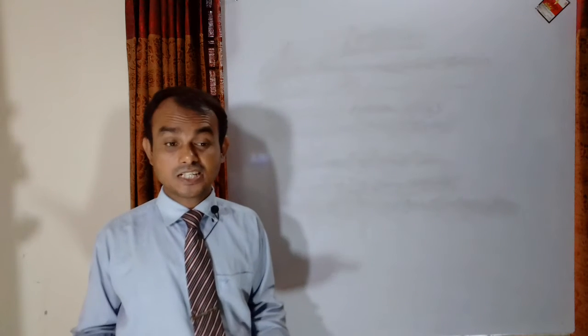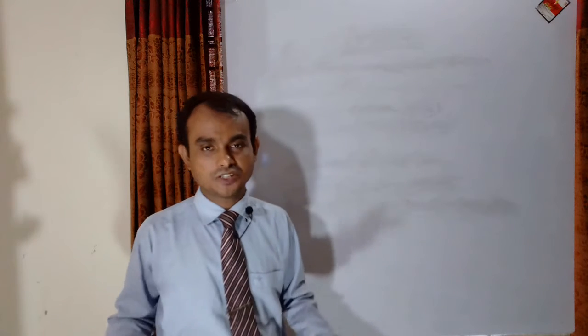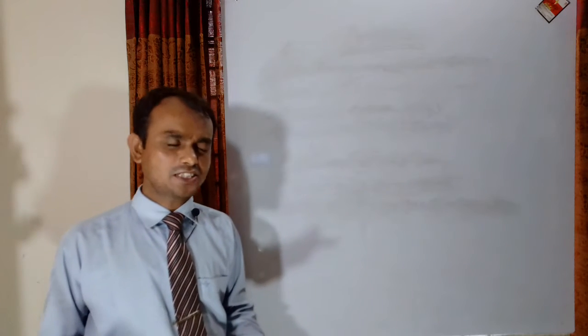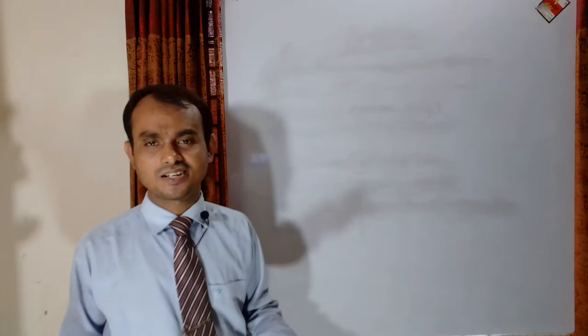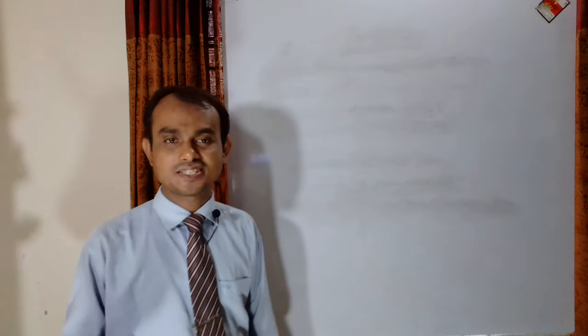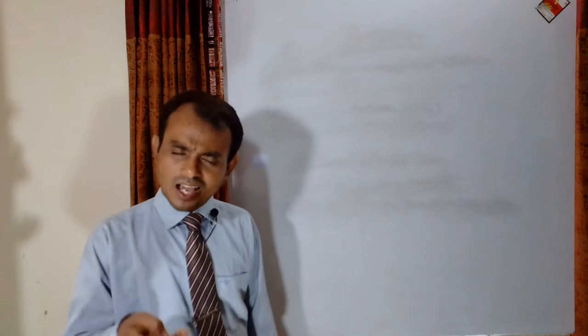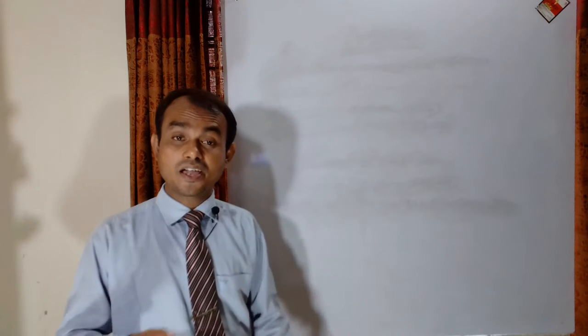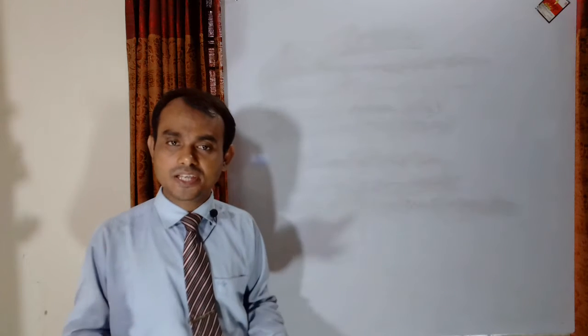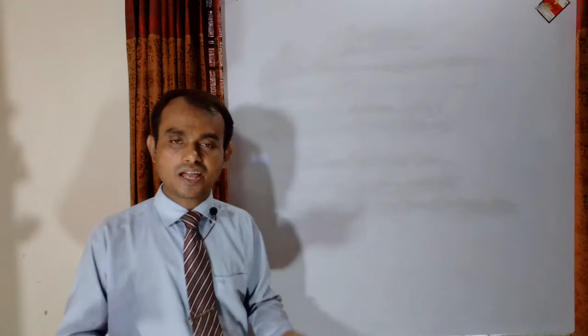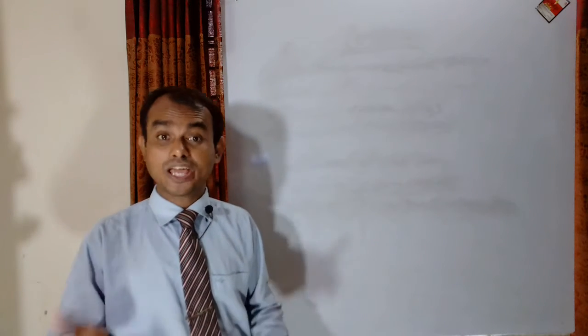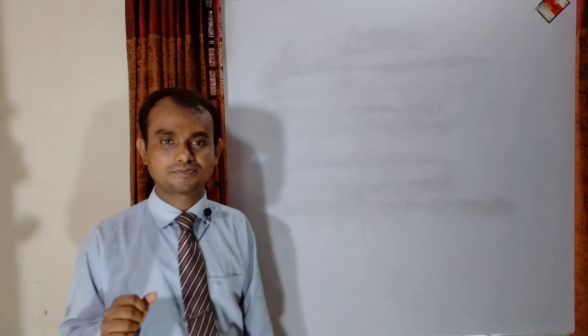Dear students, it is the turn of learning punctuation. Punctuation is so interesting to learn. You can learn it very easily. Some signs or marks are used at the beginning, at the middle, at the end of a sentence to express the feelings of mind.